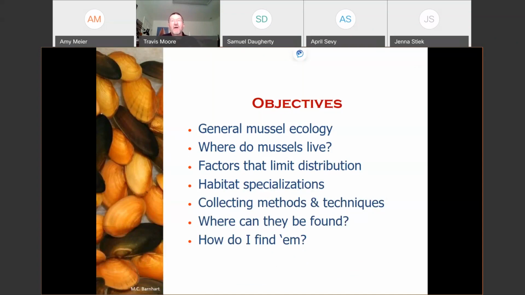Then we'll wrap up with talking about some collection methods, where you can find mussels and how you can find them. Those last three are important because in a couple of weeks, Steve's going to give a presentation on mussel identification. We have an assignment that we're going to toss out to you at the end of this presentation. So when we get to the collection methods and how to find the mussels, pay close attention, and I'll give you that assignment at the end.